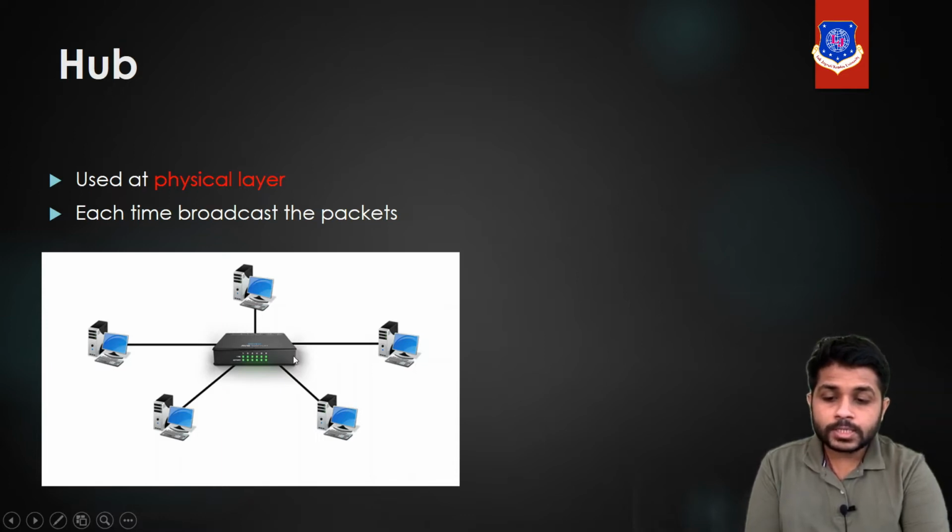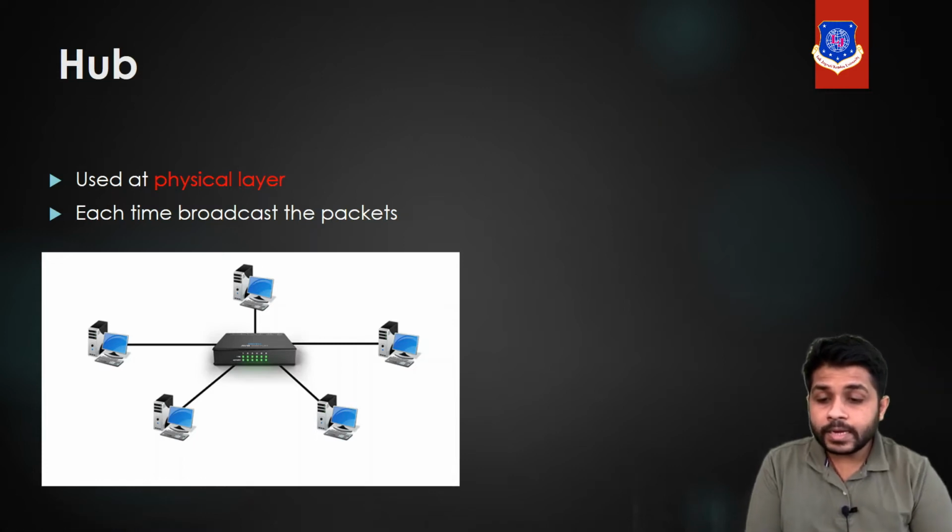Now there is one disadvantage of the hub. Suppose this device wants to send data. When this device sends the data, the hub will not forward the data to only the intended device. In fact, it will forward the data to all the devices. Whenever the hub receives any data, it will broadcast that data.